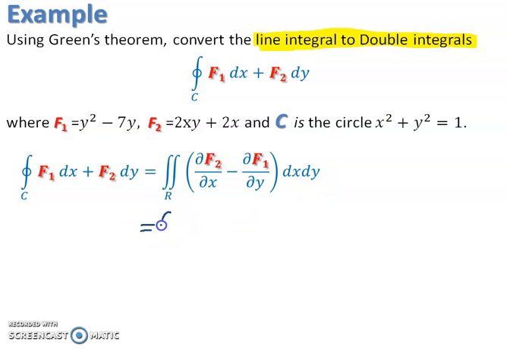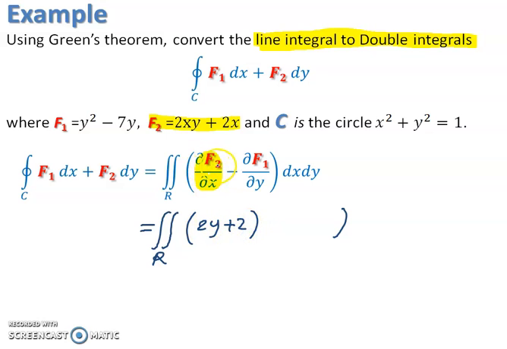This double integration will equal, we have to find the partial derivative of f2 with respect to x, and f2 is given. So the derivative of this with respect to x will give us 2y plus 2.